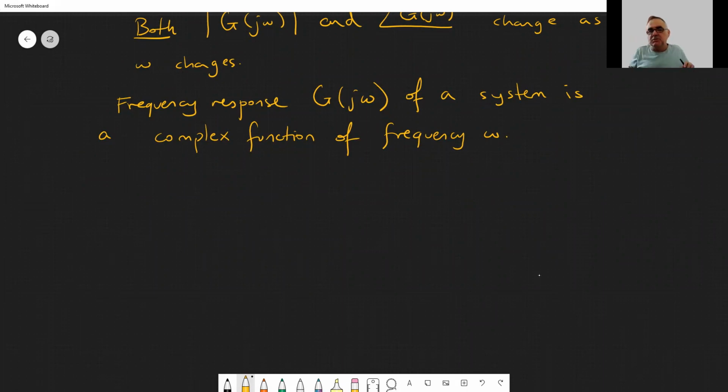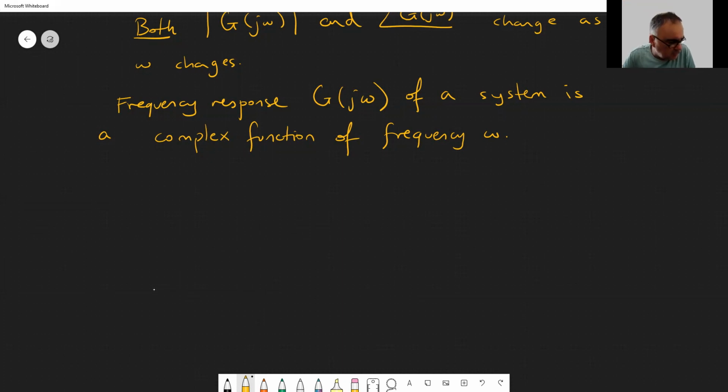Frequency response is a tool that is very commonly used in system analysis. Therefore, it is very important. At first introduction, you probably don't get to appreciate that, but almost everything in the analysis of linear systems depends on the frequency response.